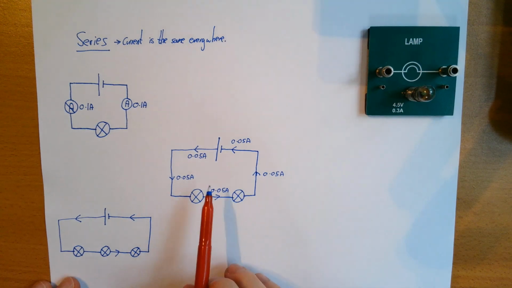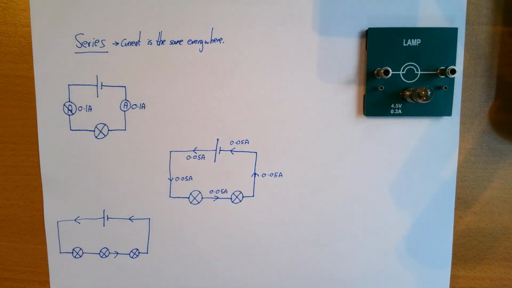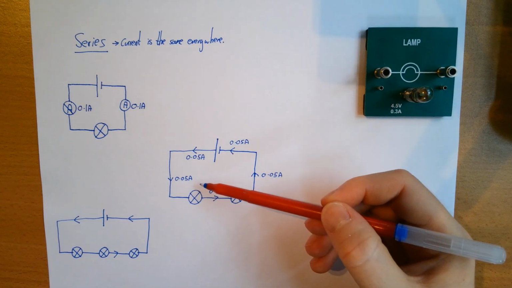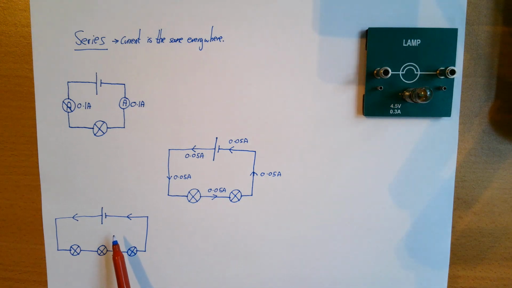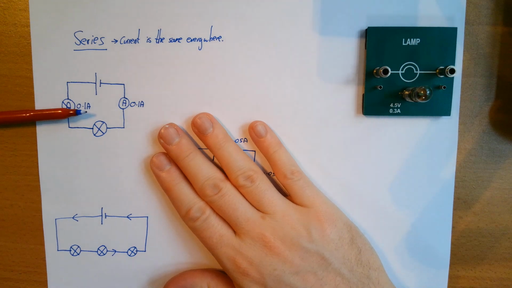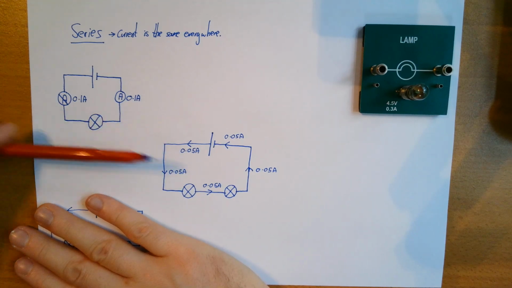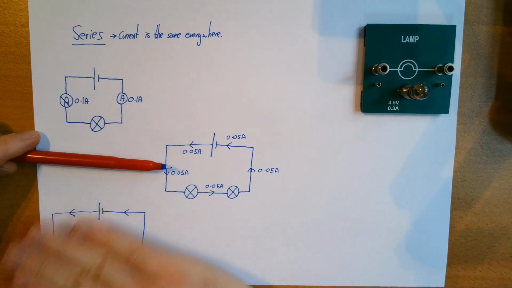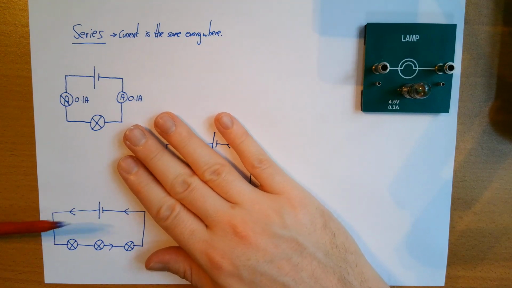At this point, people sometimes say, right, 0.05, you've added a bulb, so we halve 0.05. But that's wrong, because earlier we doubled the number of bulbs, which caused the current to halve. But here, we haven't doubled the number of bulbs. What we've done is, from the original single bulb, we've increased the number of bulbs to 3. So from one bulb to two we divided the current by 2; from one bulb to three we divide the current by 3.